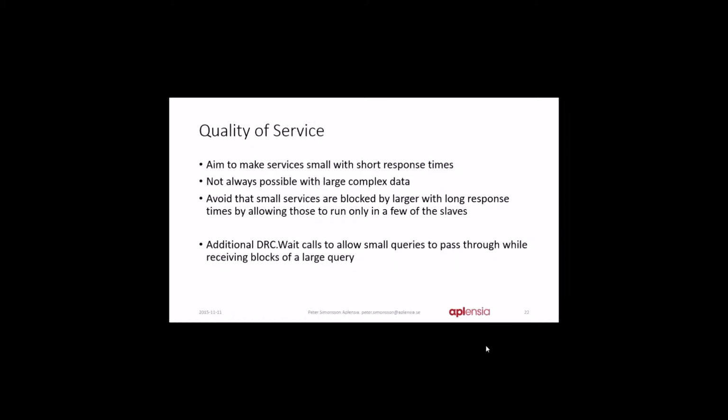We tie different services exclusively to some slaves, so that, for example, a time-consuming service may only run in slave 1. That way, it will only block other long-running services, but quick services can execute in the other slaves.